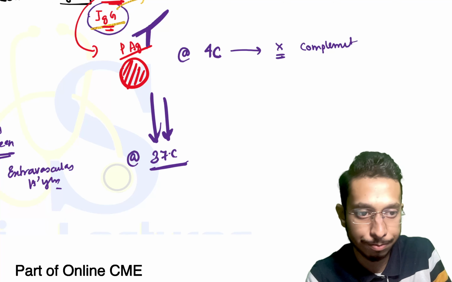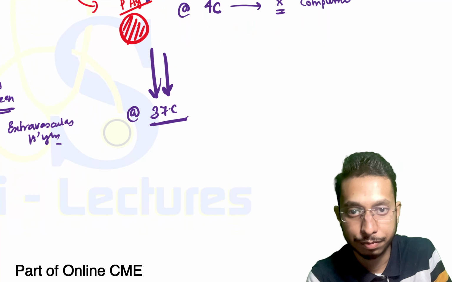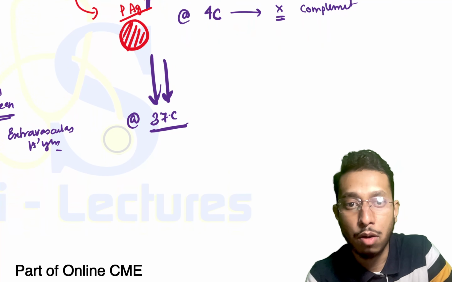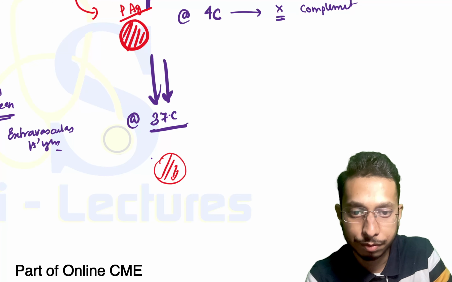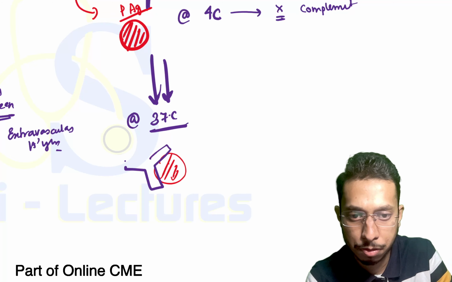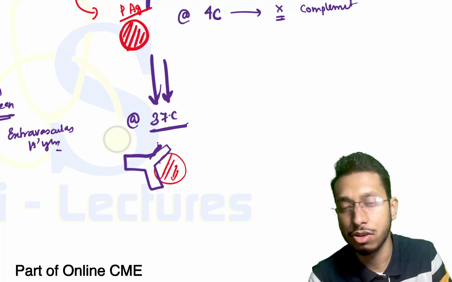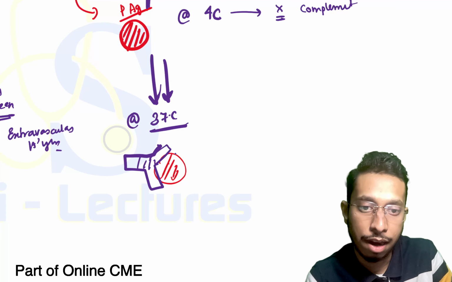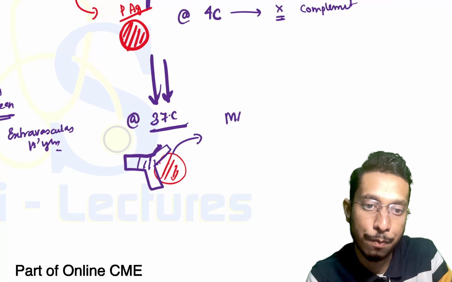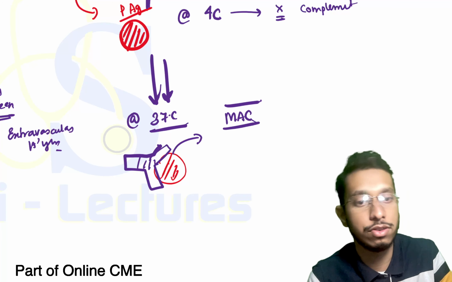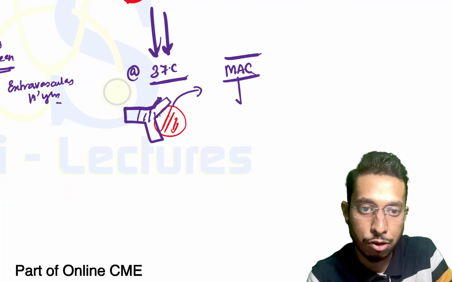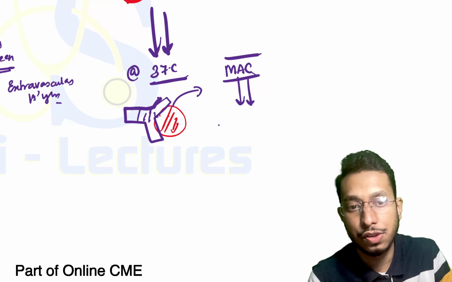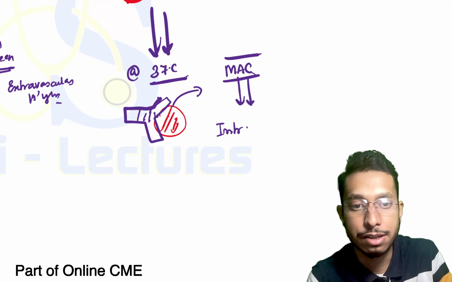The RBC which is bound with IgG will not detach, resulting in activation of the membrane attack complex. Now due to the activation of the membrane attack complex, it will lead to severe intravascular hemolysis itself.